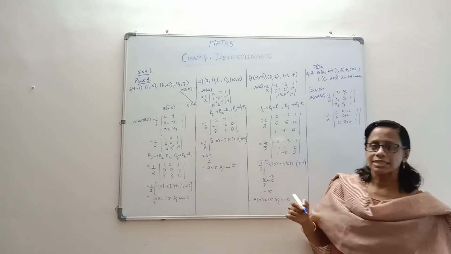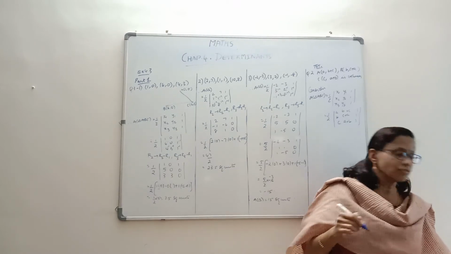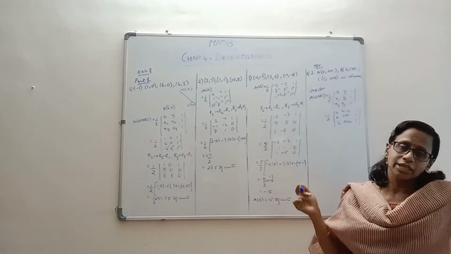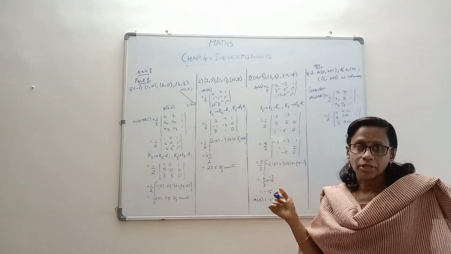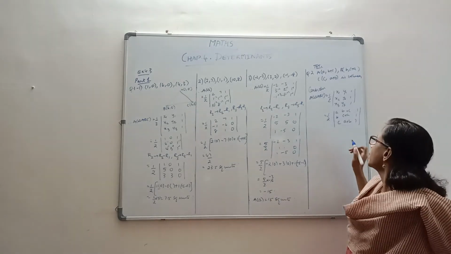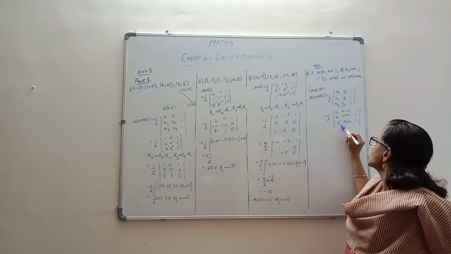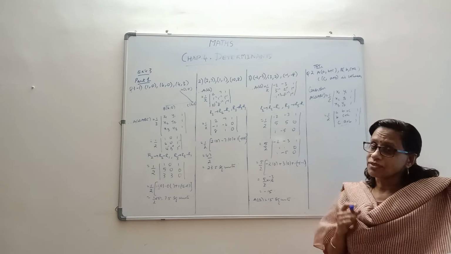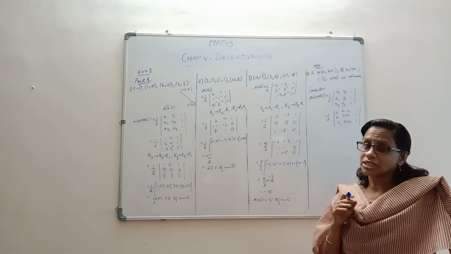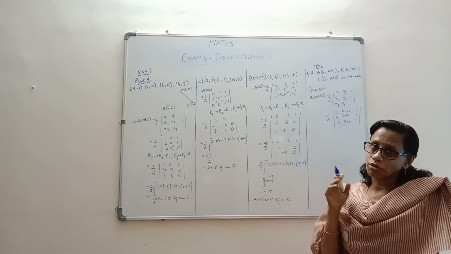Now, see, as I said, the advantage of taking this determinant is that we are able to use the properties of determinants. So we could use the property of determinant over here, like we could have this C2 added to C1. What is the advantage? That the entire C1 column will become the same. It will be the same entry, and the same entry will go out of the determinant.